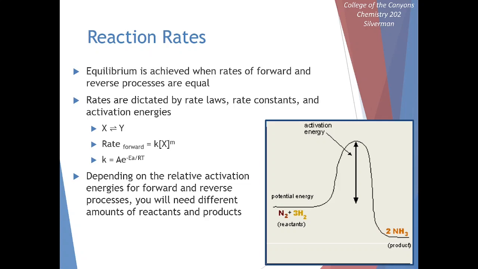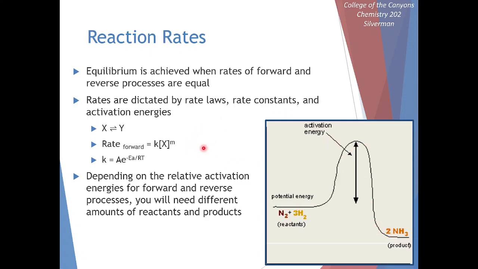Another way to picture this, we can use our reaction coordinate. If we have this given reaction, we need to climb over this activation energy to reach our products. To do the reverse reaction, we need to climb over a slightly different activation energy in order to get back to the reactant. The relative activation energies for that forward and reverse reaction will dictate how fast they go. Likewise, our concentrations will also dictate how fast our reactions go.